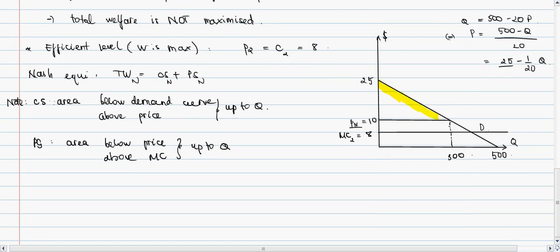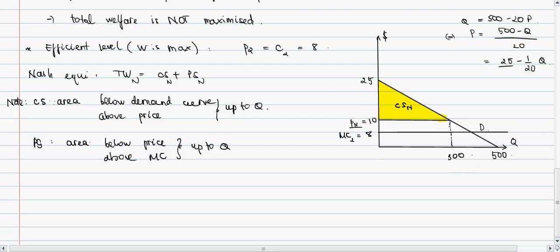So this is going to be the consumer surplus, which is basically the area below the demand curve and above the price that the consumer has to pay to the firm, up to the quantity that they are buying from the firm, which is the yellow area that I am shading right now. Right, so it's going to be the area like this. Good. Okay, so this is the consumer surplus in the Nash equilibrium case.